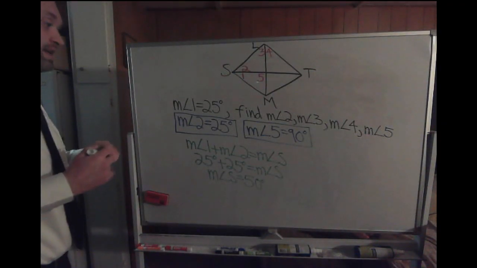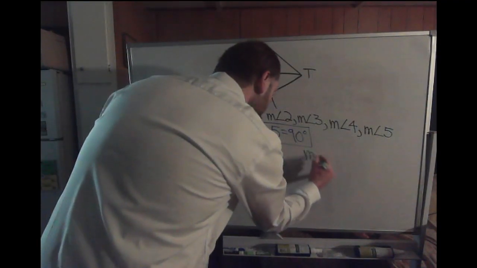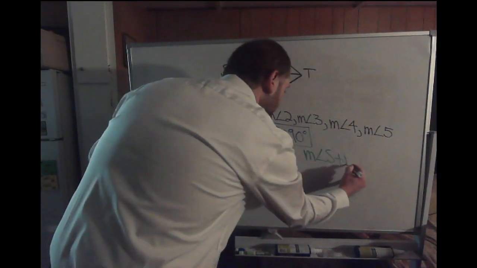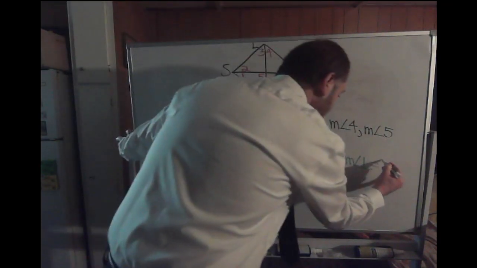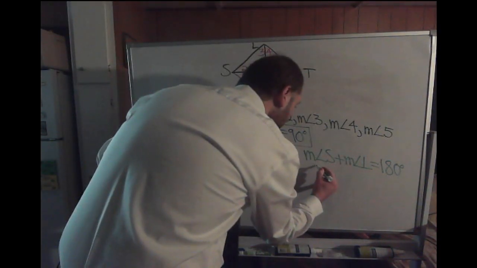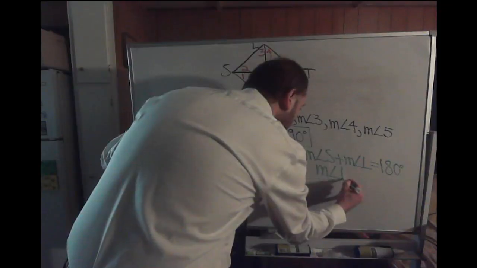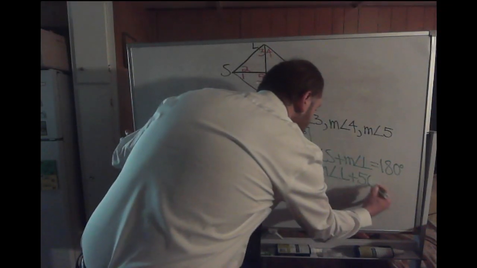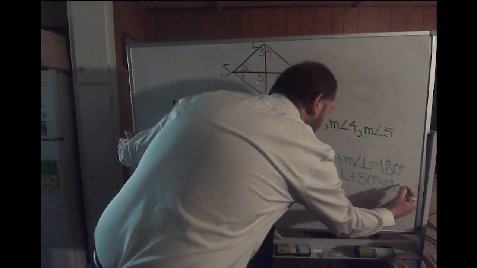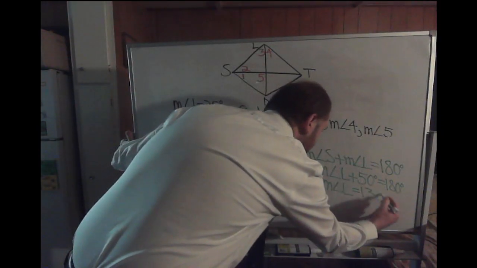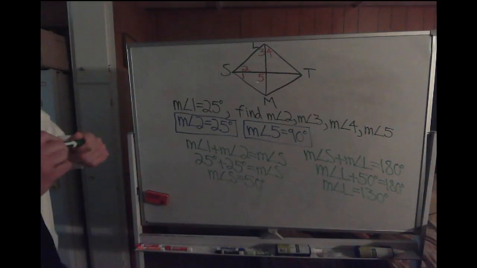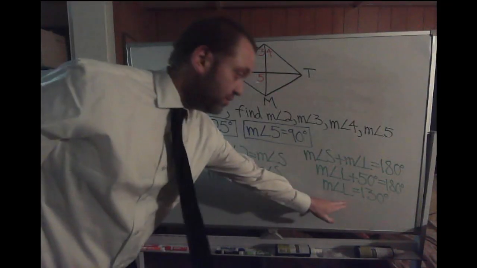So that means what we need to do now is take the measure of angle S plus the measure of angle L. If they're same side interior angles, meaning they're supplementary, set them equal to 180 degrees. Well, we know S is 50, so you'd end up getting the measure of angle L plus 50 degrees equals 180 degrees, which then would simply mean that the measure of angle L, the whole thing, equals 130 degrees. So now we've got the whole L is equal to 130 degrees.